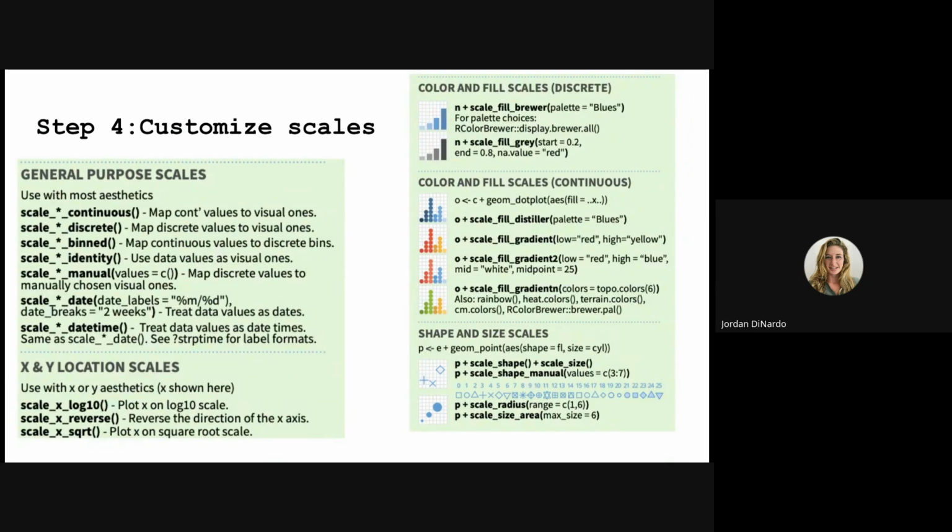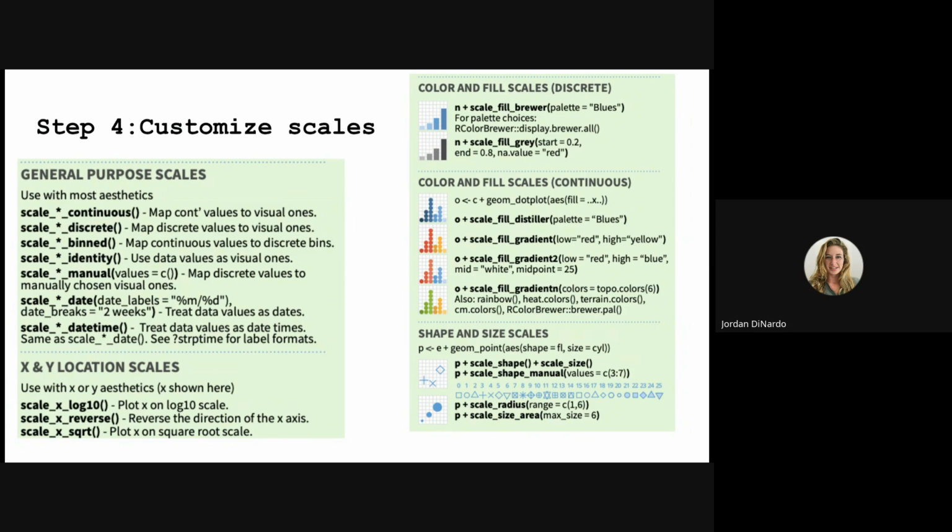So this is some examples of scales. On the left here is those generic scales. So again, this is taken from the cheat sheet. The most generic scales, you're usually identifying scale, and then there's a star there to indicate either X or Y. So scale X continuous, if you have a continuous X variable, within those parentheses, you can start to identify the limits, the breaks, like, say it's time, you have 1990 to 2025, and you want it by each year.